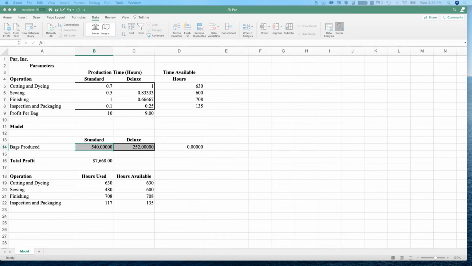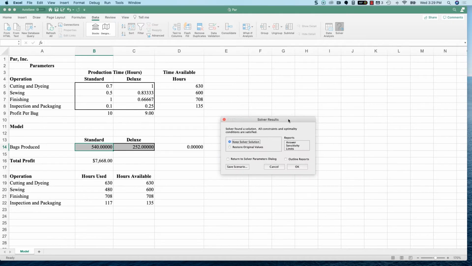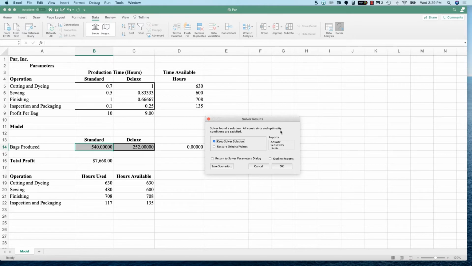Because there is a solution to this problem, the dialog box comes up and tells us that we can either keep the solution or restore the original values. In this case, we're going to keep the solution. But here's where we get into the sensitivity analysis. The reports that we can choose from include answer, sensitivity, and limit.